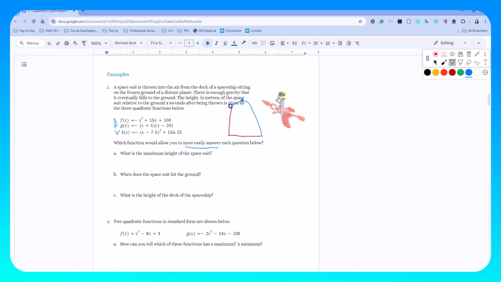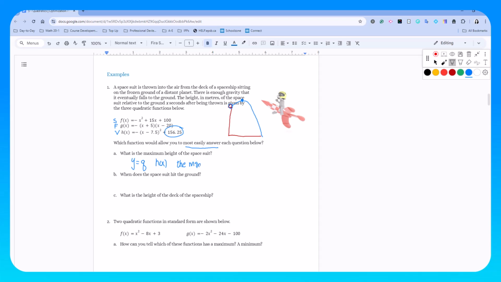And if we want to find the vertex, we want to know the q value for the maximum height. Well, the q value in vertex form is 156.25, and notice it's positive. So we use the h of x, and we know the maximum height.